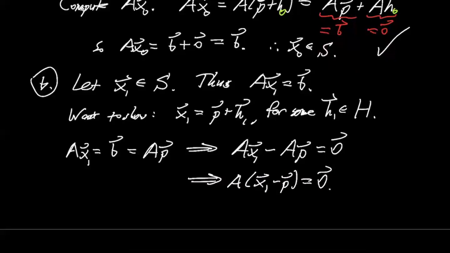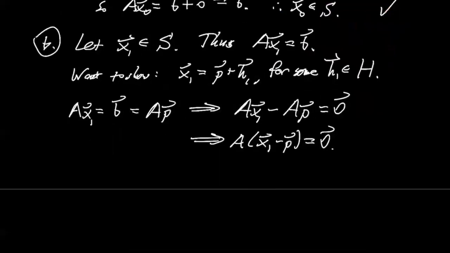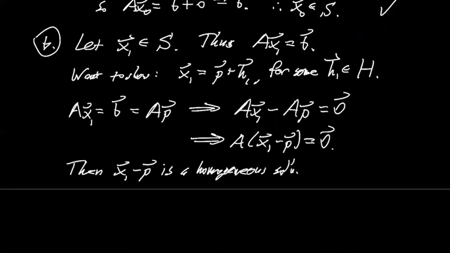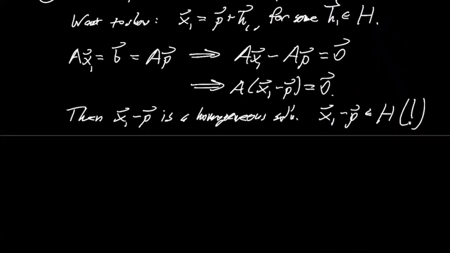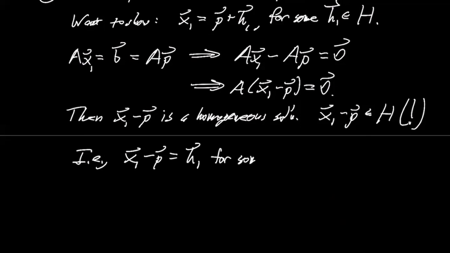But that means that x1 minus p is a homogeneous solution. It lives in capital H, which means that x1 minus p equals some element of H. That is, x1 minus p equals h1 for some h1 in capital H.